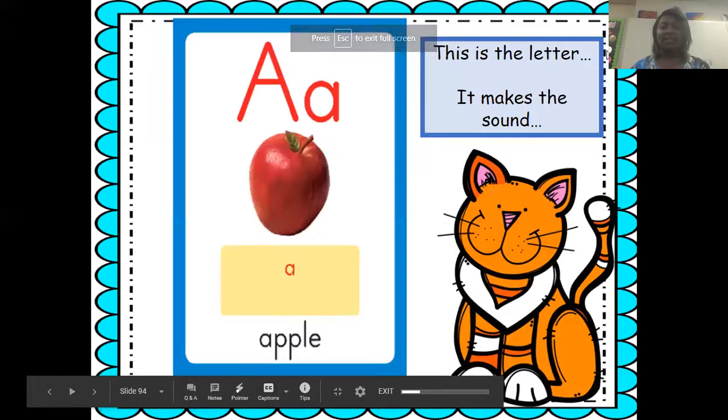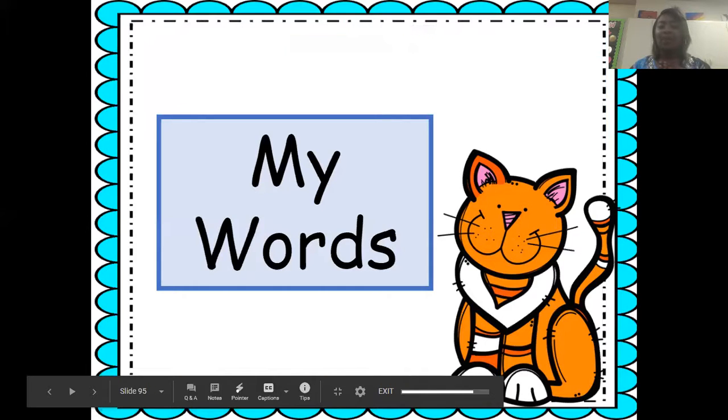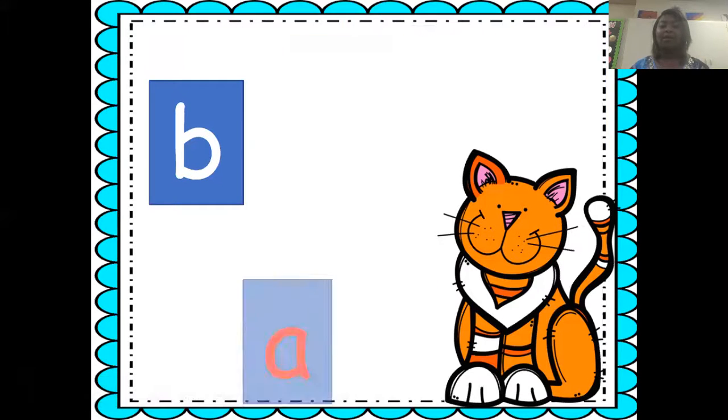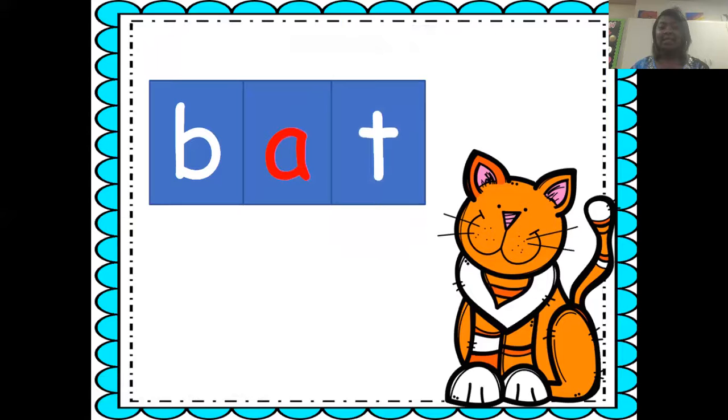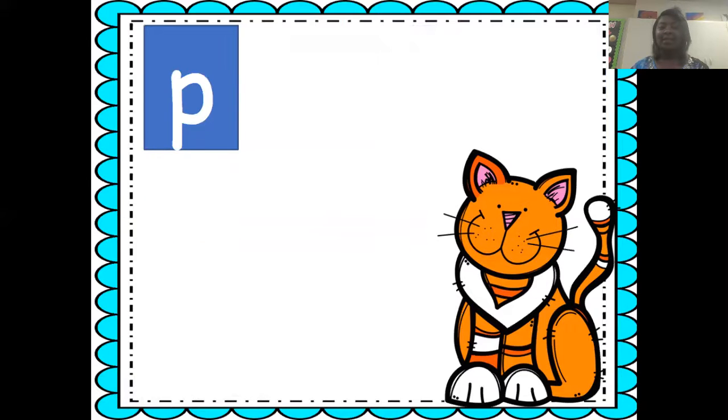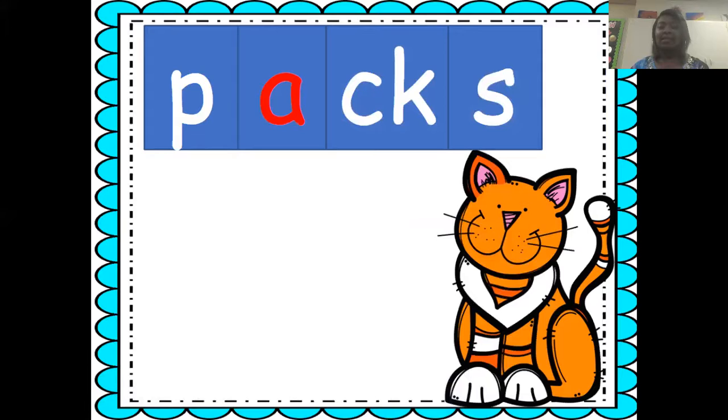All right, this is the letter A and it makes the sound A as an apple. My words: B, at, bat, P, at, K, S, P, X, Pax. And remember, CK, it makes one sound.